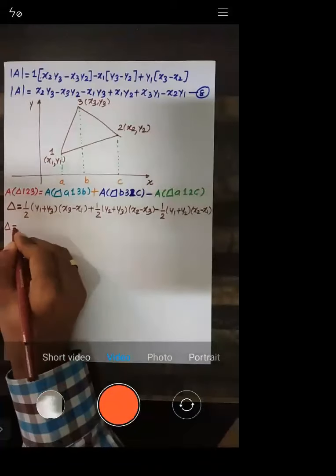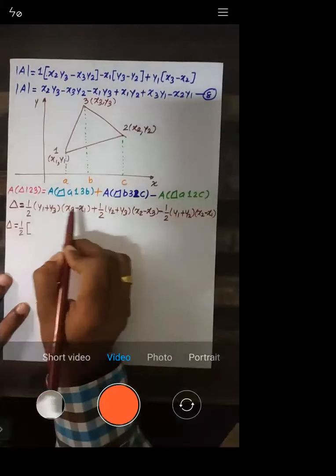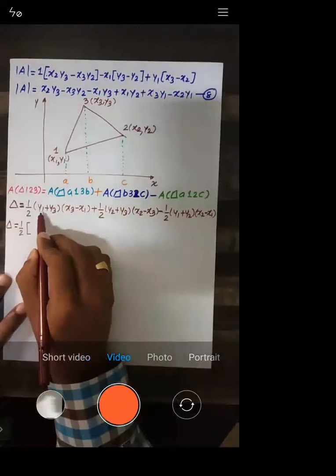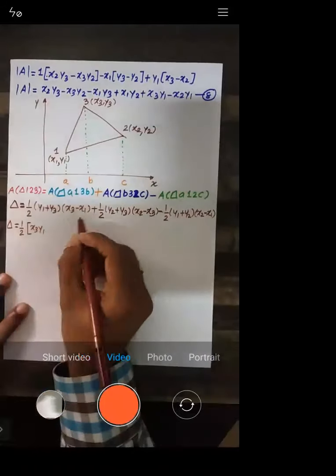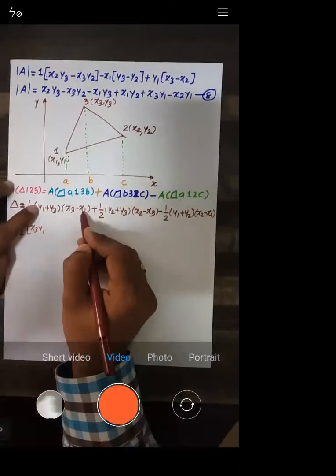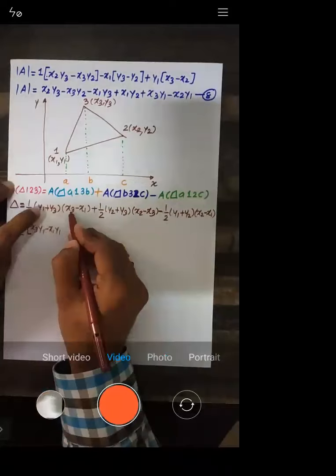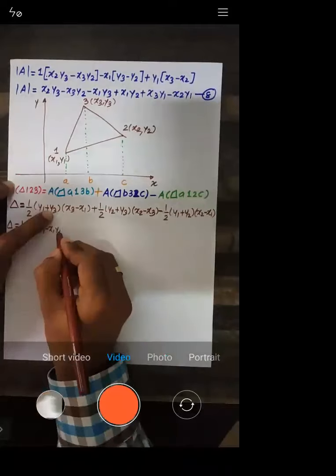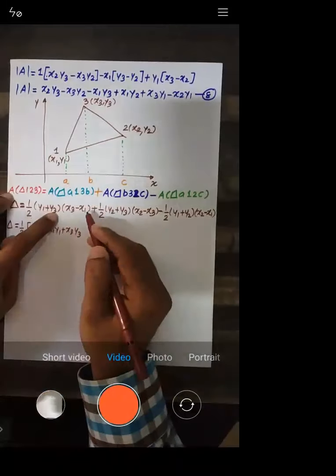So delta is given by half. Let us multiply every term. y1 into x3 is x3 y1. y1 into minus x1 is minus x1 y1. Then x3 into y3 is x3 y3. Then y3 into minus x1 is minus x1 y3.